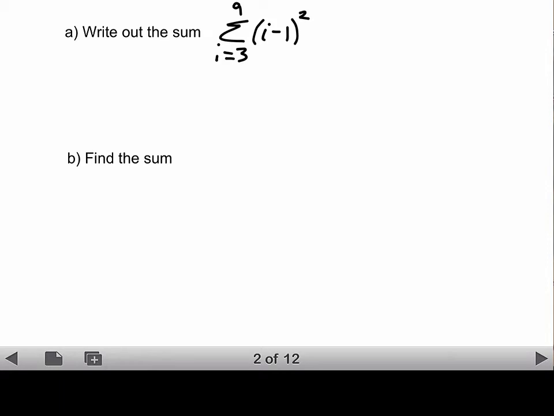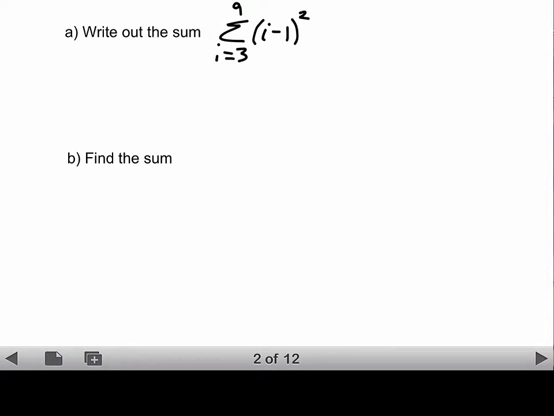We're asked to write out the sum, and here we have sigma notation: the sigma with i equals 3 underneath and a 9 above, with the quantity i minus 1 squared. The sum, as i goes from 3 to 9, of i minus 1, the quantity squared.